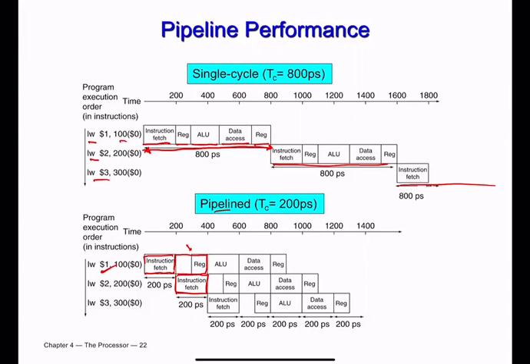Then, as soon as I fetch the second instruction, I will fetch the third instruction while I'm dealing with the register in the second instruction, and I am with the ALU in the first instruction. So for instance, I am using the folding, the dryer, and the washing machine, all at the exact same time.